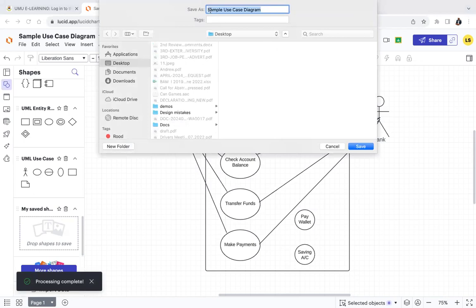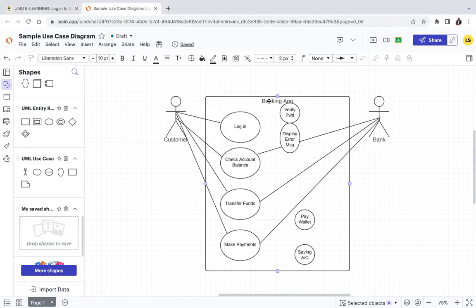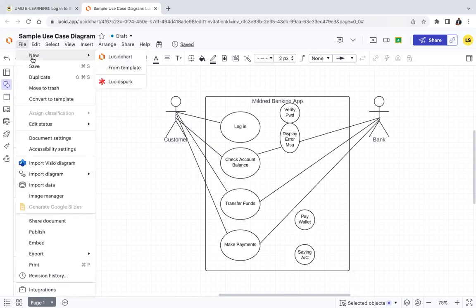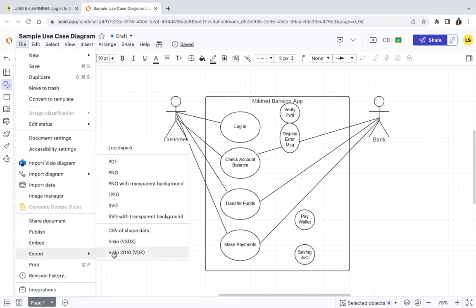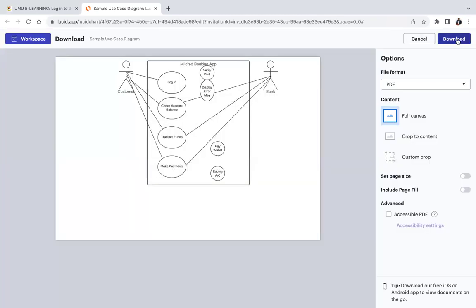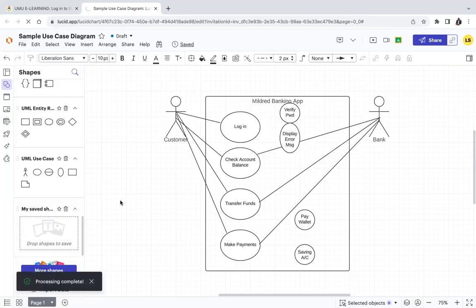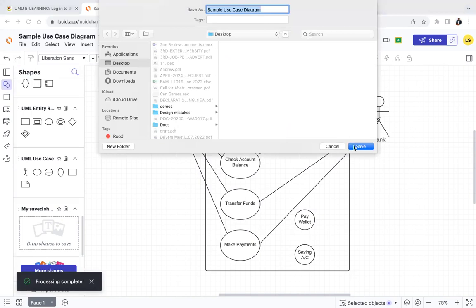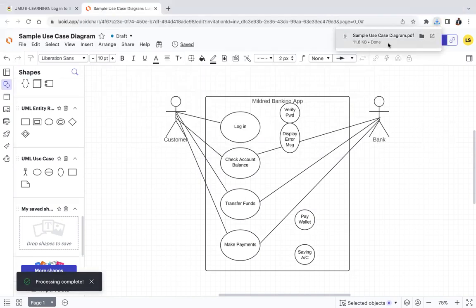The system should have your name. For example, we can say this is Mildred banking application. Let us export this PDF and get it. And that is what you put on your submission.